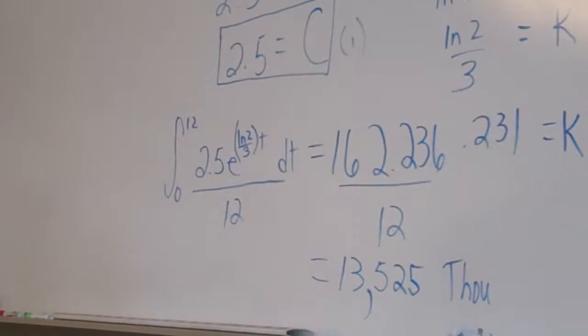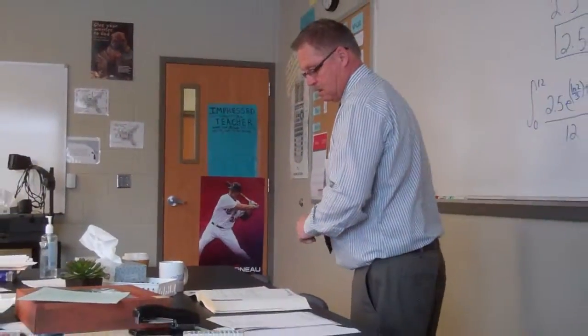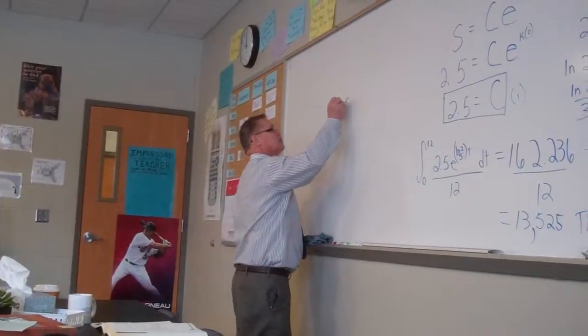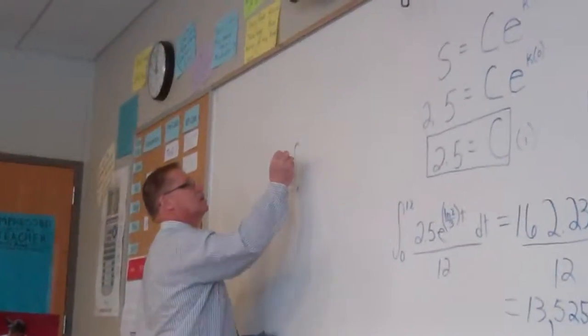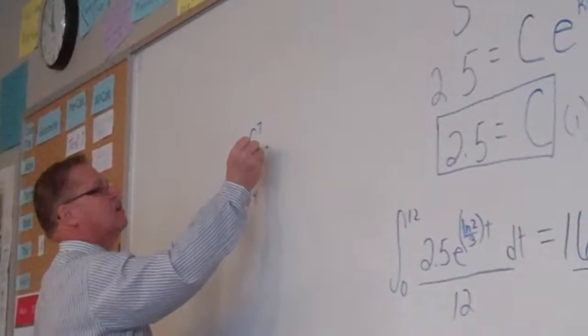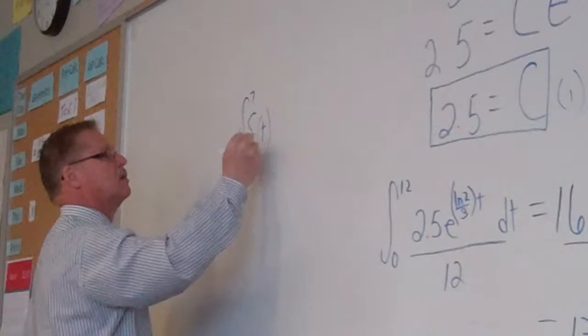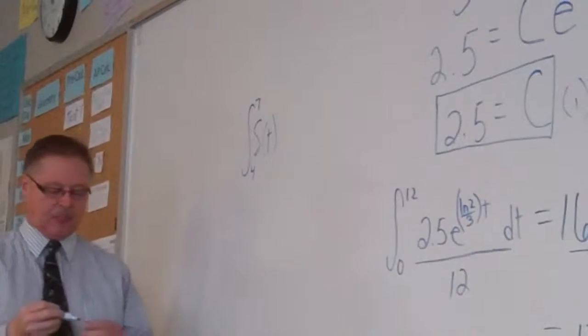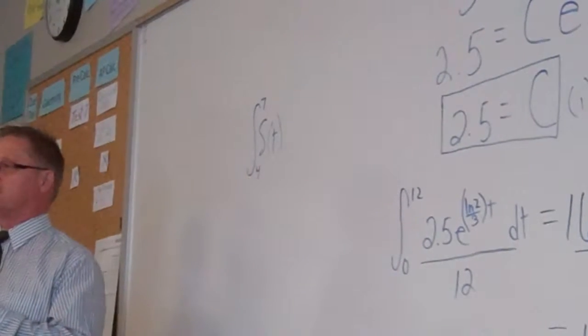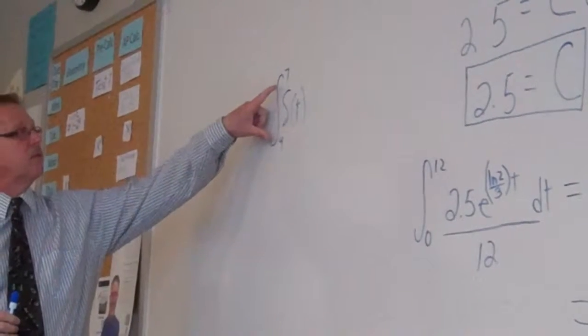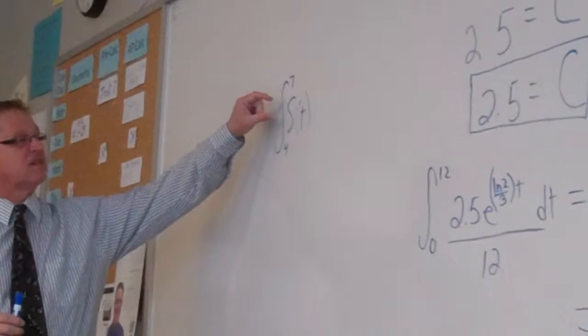Alright, next one is using the midpoint rule, write an expression that approximates the integral from 4 to 7 of S and T. I think for that you want to realize that we're doing 4 to 5, 5 to 6, 6 to 7.